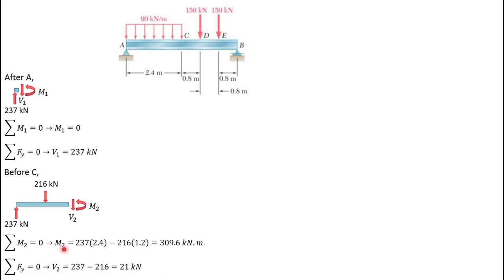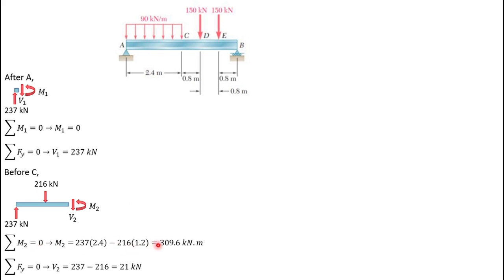And for the moment at 2, it has the distance from RA and the distance from this equivalent load. For RA it is 2.4 meter, and for the equivalent transverse load, it is placed right in the middle of this transverse section, which is 2.4 divided by 2 equal to 1.2 meter.